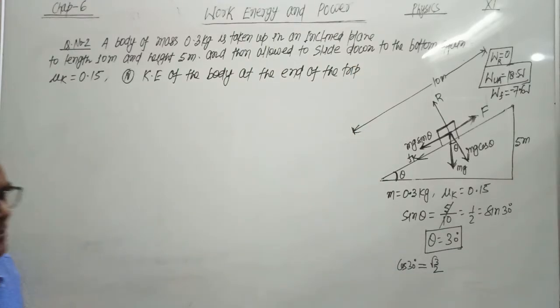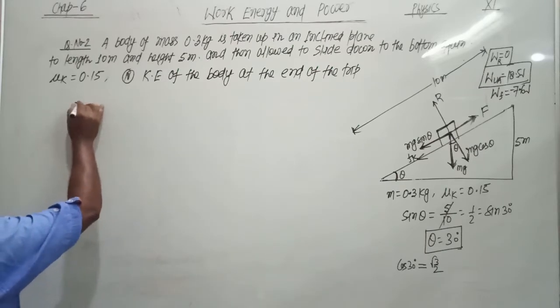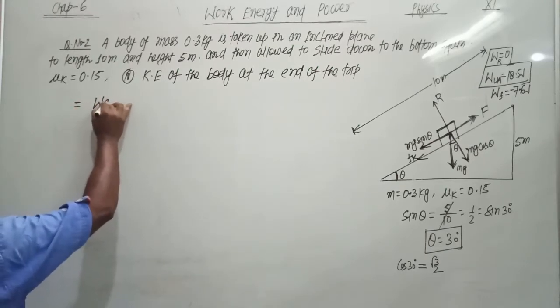Kinetic energy when the body is going from top to bottom is equal to the work done by the net force in moving the body down the inclined plane.